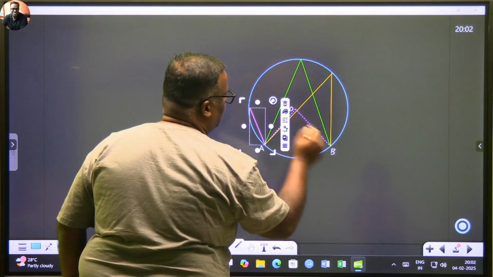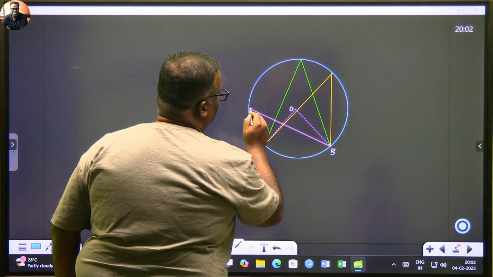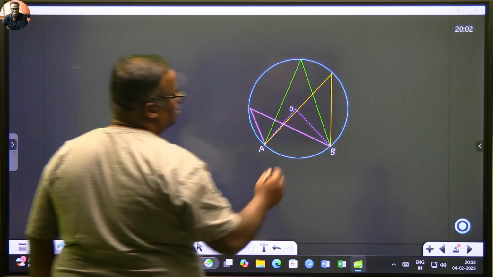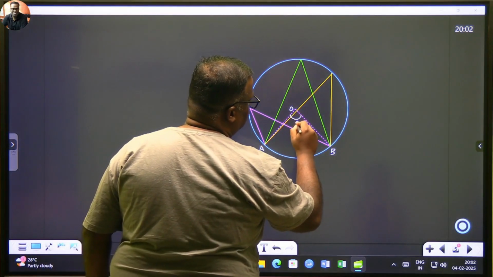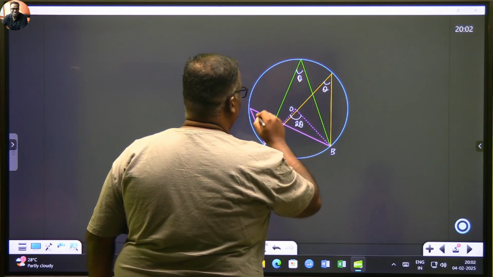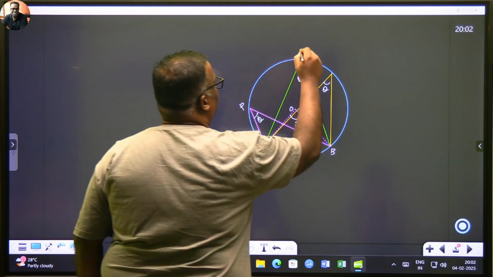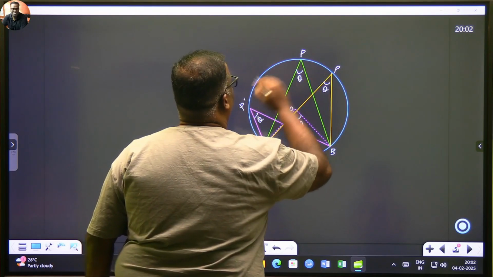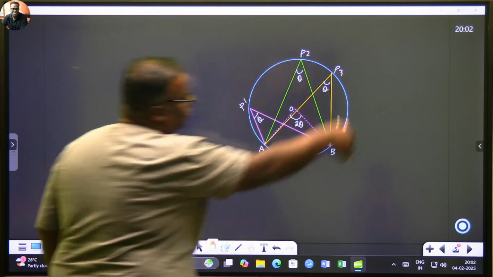As long as this point lies on any point, in all these cases, children, if this angle is theta, this is theta, this is theta, all are P. P1, P2, P3, n number of P's you can have.